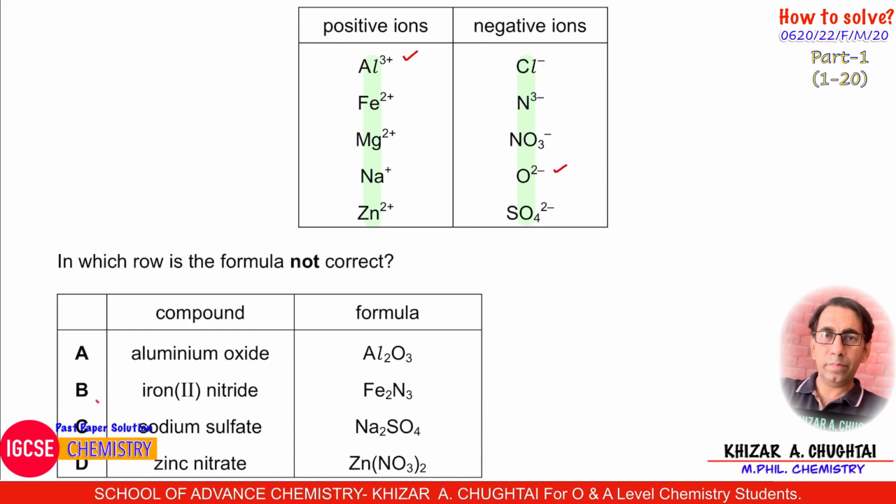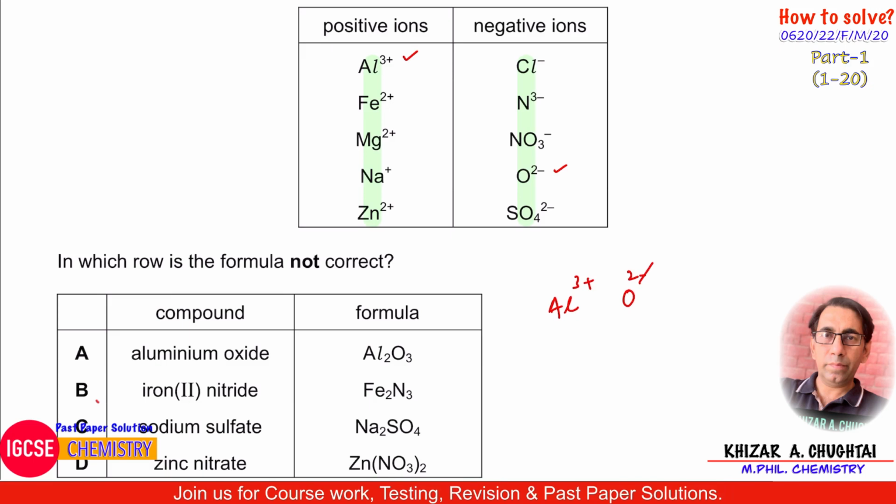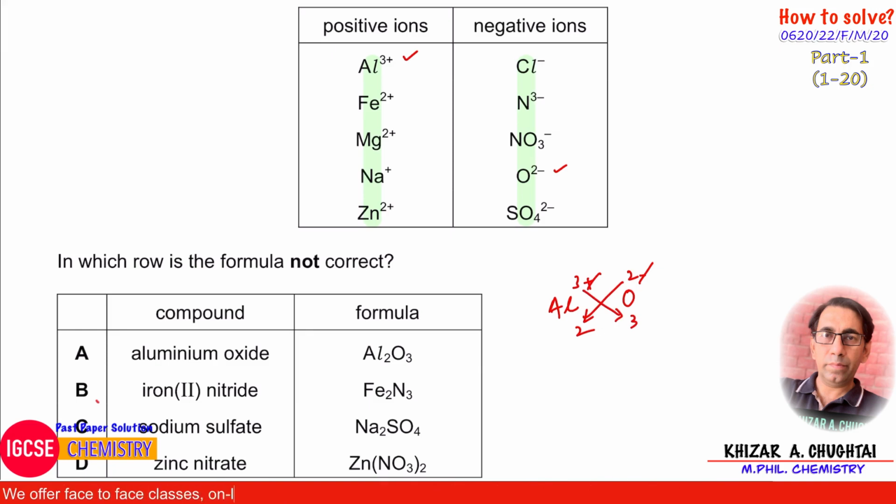Aluminium oxide, aluminium positive ion and O2 negative ion. Aluminium is having 3 positive charge, O2 minus, charges cancel out, 2 over here and 3 over here. So Al2O3 is the correct one and its name is aluminium oxide. Yes, it is true.